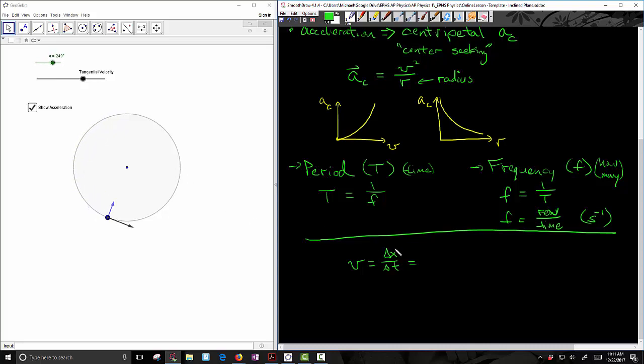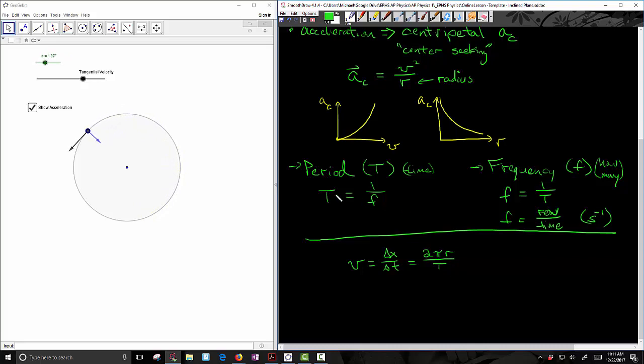If I go all the way around one time, then I've gone 2 pi r, which is my circumference. And the time it takes to go all the way around is my period. So we get this new equation: the velocity can be determined if I just know the radius and the time. I can use this to figure out the velocity.